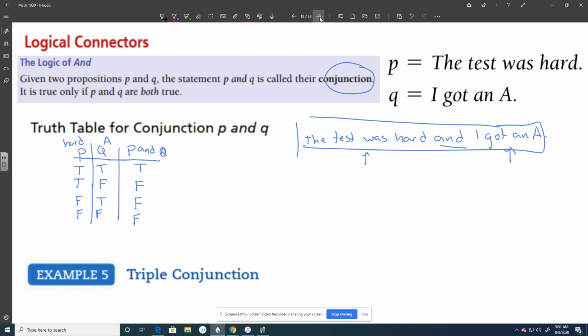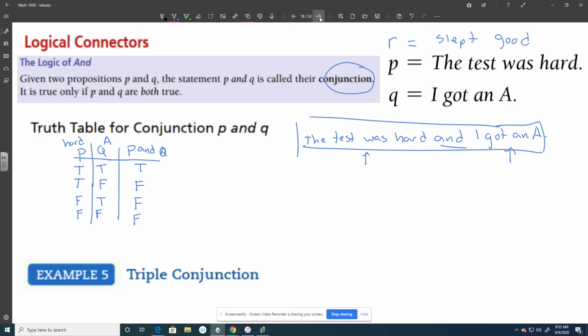Okay. Now we've also got triple conjunctions, so let's say that we're using the test was hard, I got an A, and then let's make another statement and we'll call it R. What should we say? That you slept good the night before the test.